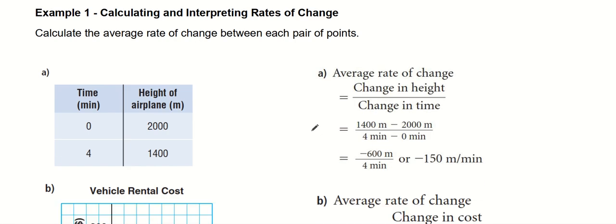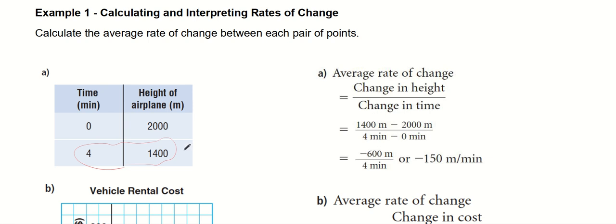So in here we have a graph with 2 points. So this is the y-axis, the height, and I know the time is the x-axis because time is always expressed in the x-axis for every graph. And here is the y-axis, the height of the plane. And here's the second point. This is the second point, and this is the first point. As you can see here, you have your equation.